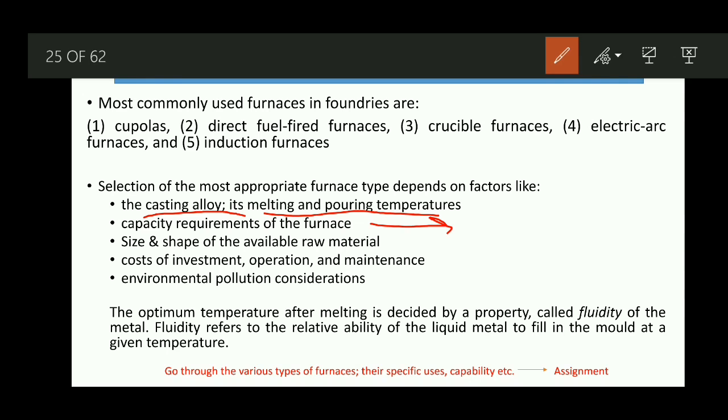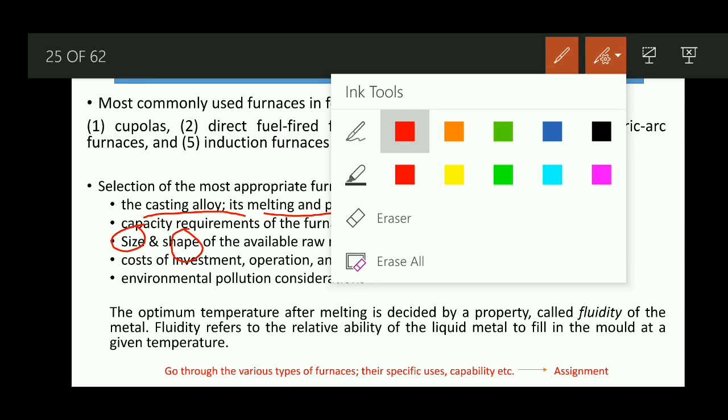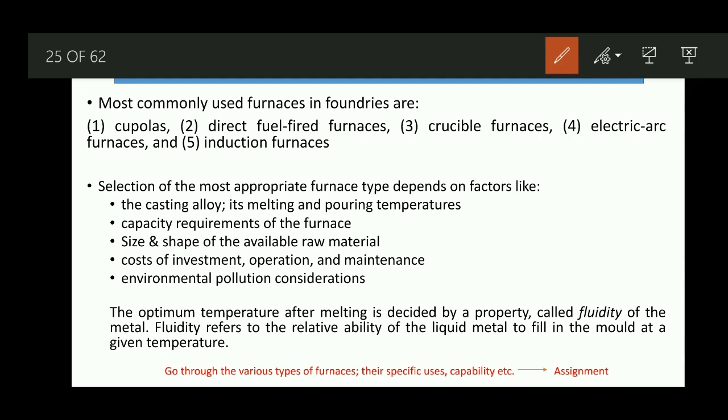Similarly, whatever raw material we want to melt, what is its size and shape? Based on that also we have to select a proper type of furnace, because depending on the size of the furnace, it will be able to accommodate only a certain size of raw material.